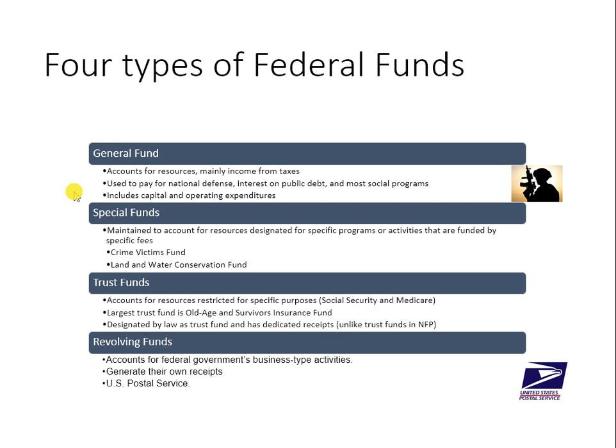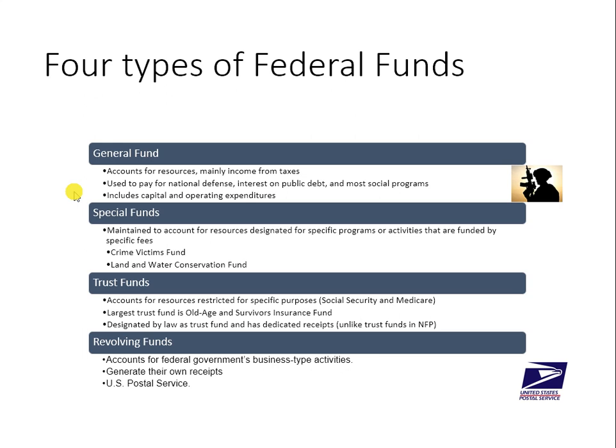It includes capital and operating expenditures. That's the general fund. It also has special funds. Special funds are used to maintain resources designated for specific programs or activities that are funded by specific fees. For example, the Crime Victim Fund and the Land and Water Conservation Fund.